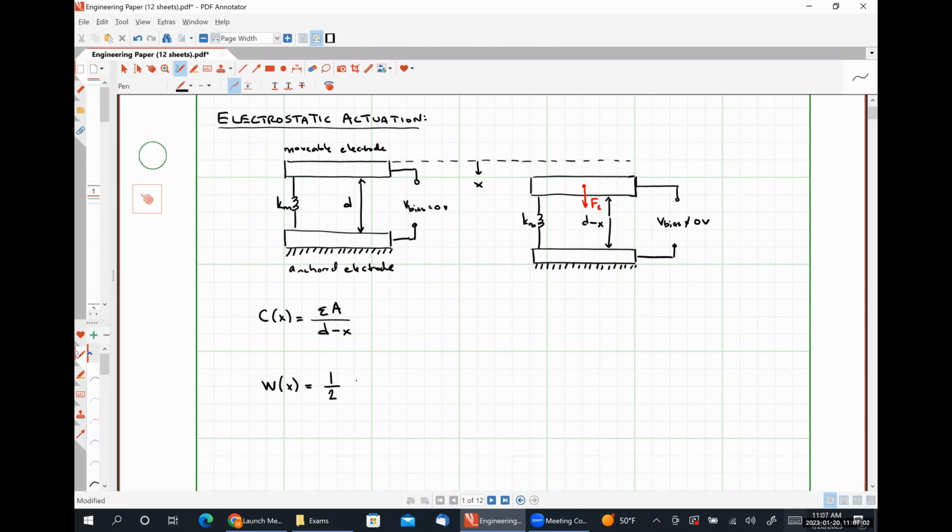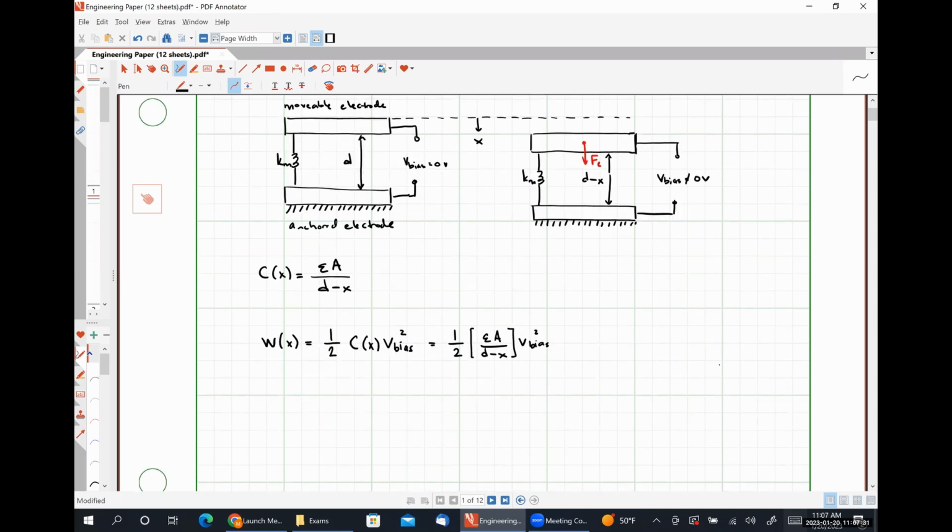So we're going to have 1/2 C of X times our applied voltage V bias squared. And doing simple substitution here, this is going to look like 1/2 epsilon A over D minus X times our bias voltage squared.